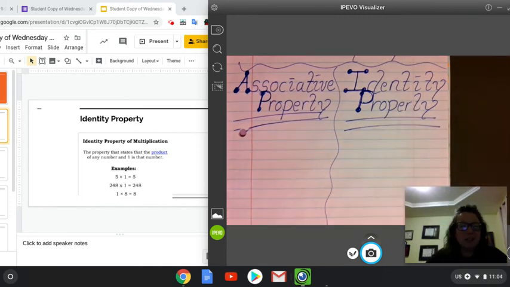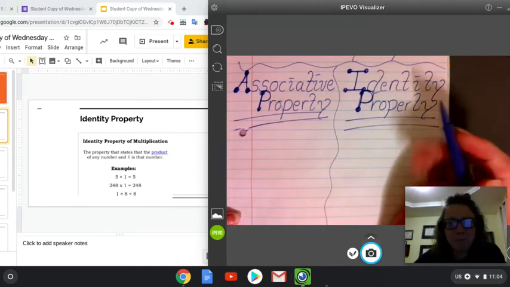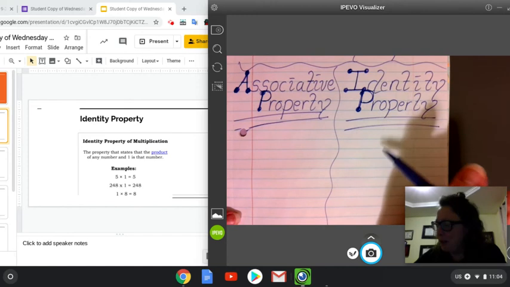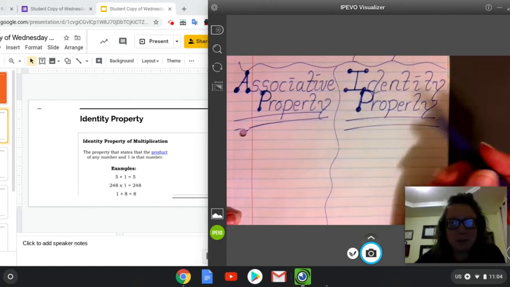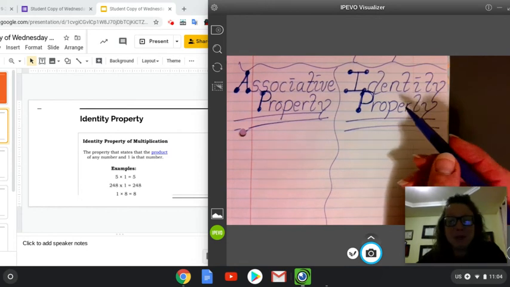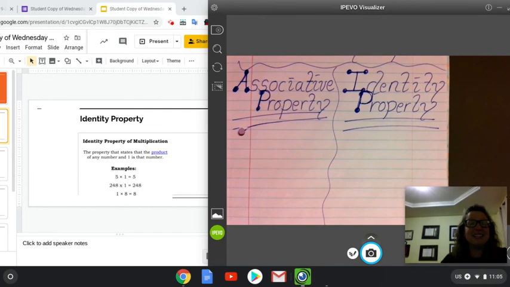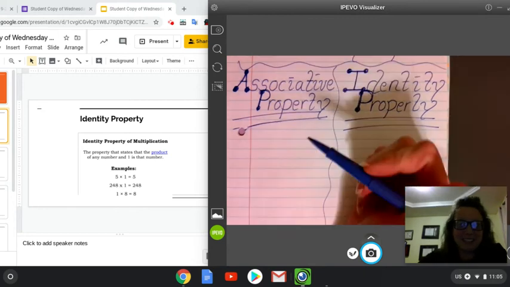So let's look right here. The identity property. Let's put it into words. So it says, and we want to go ahead and put this into our notes just to refresh our memories. It always helps if you write it down, and research shows that the more you write something down, the more likely you are to remember it.